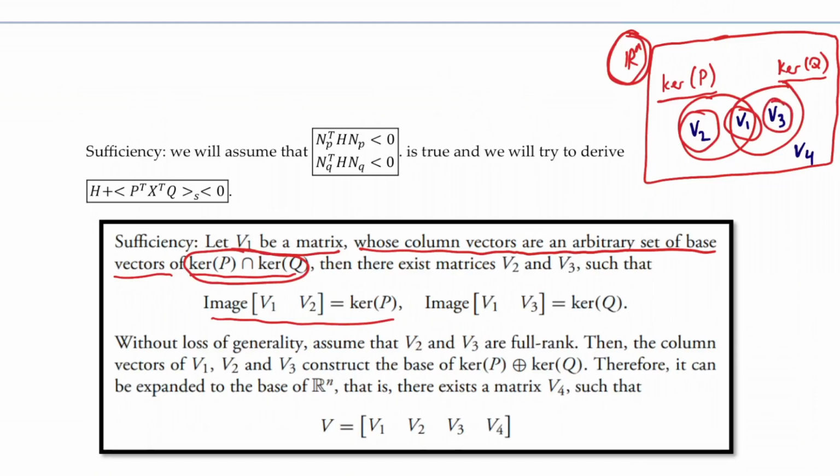And V3 is in kernel Q but not in kernel P. And if kernel P union kernel Q doesn't span Rn, there will be some space that we need to span, and the residual space will be spanned by the column vectors of V4. Sorry, V4. So the idea can be stated here.